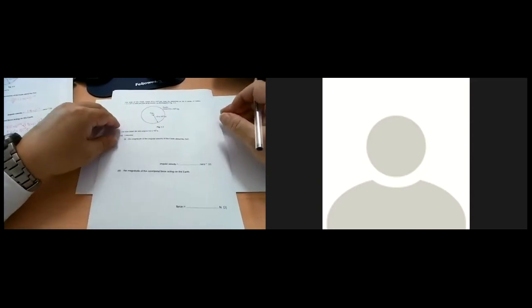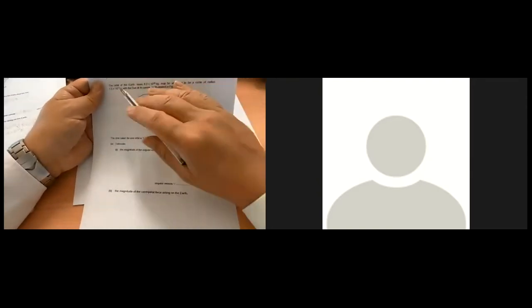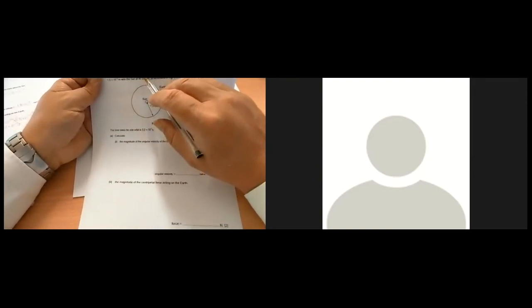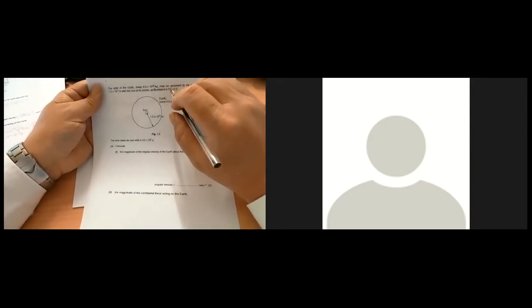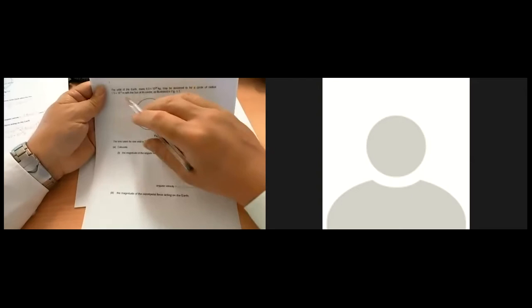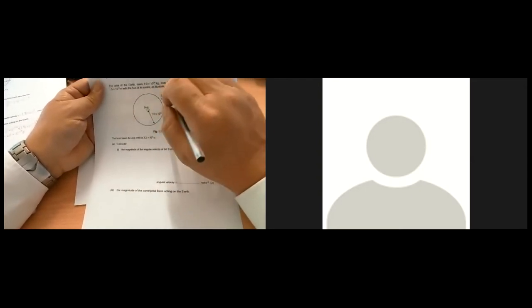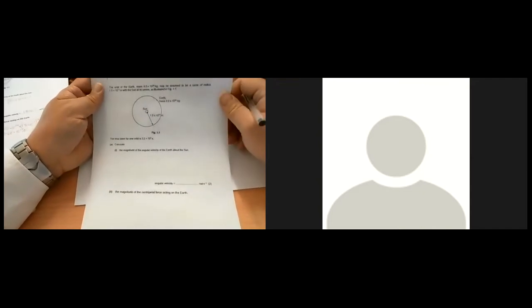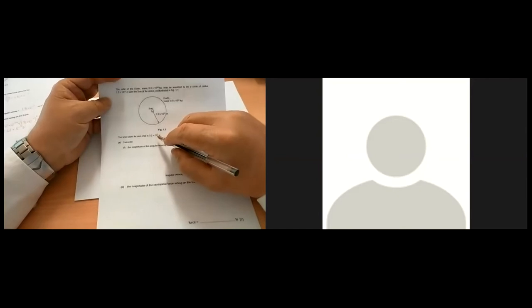So we start off with a typical question that says the orbit of the Earth is, you've got the mass of the Earth there. It's assumed to be a circle with a radius, so we're given the radius of that circle with the sun at the center, as illustrated in figure 1.1. It then also gives you the time period, so that's pretty simple.